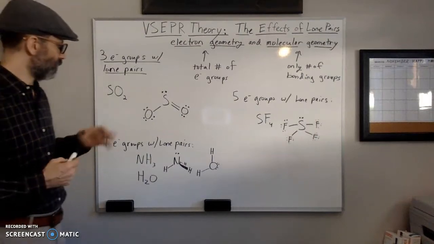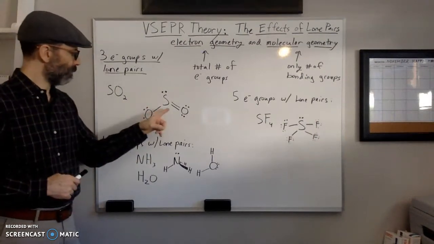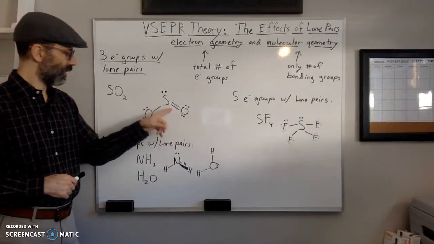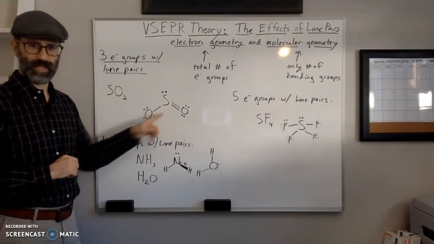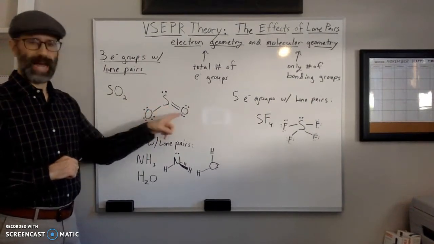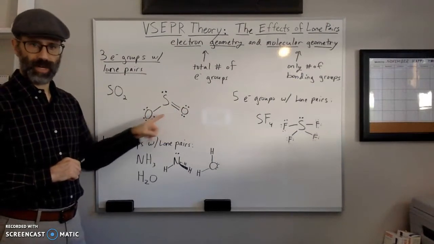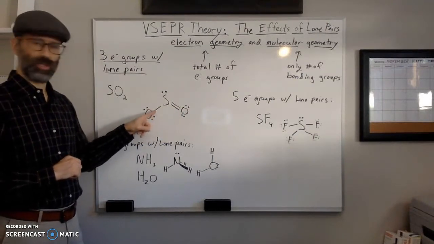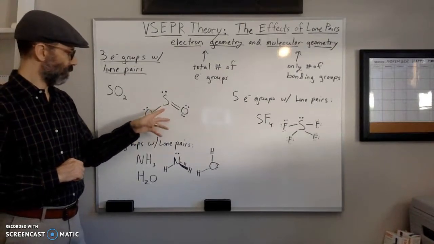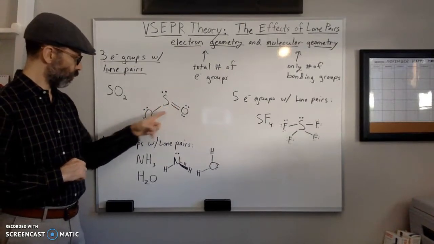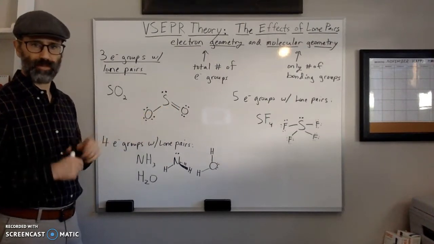Remember, don't be fooled by the double bond being there. There is resonance here, so there will be an average of 1.5 bonds between the two. These are equal bonds, which means they are equal in their effect on the repulsion.